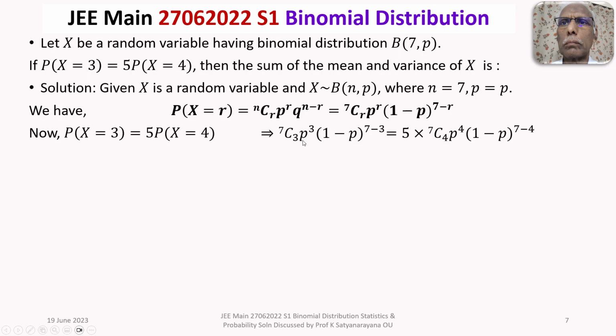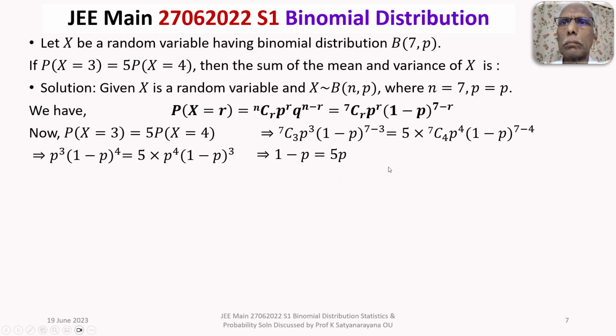Then we get p cube into (1 minus p) to the power of 4 is equal to 5 times p power 4 into (1 minus p) to the power of 3. Agreed. Now cancelling p cube into (1 minus p) whole cube throughout, we get 1 minus p is equal to 5 times p, that is 5p.